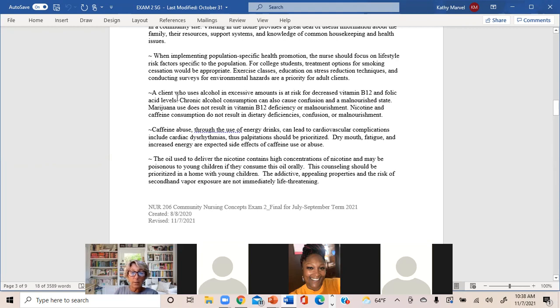So you could pull out several definitions of this, right? Alcohol causes decreased B12 and folic acid. Chronic alcohol can cause confusion, malnourished state. And then you have marijuana, information about that, nicotine and caffeine. Okay. So again, good information about different types of drugs and what the risk factors are.